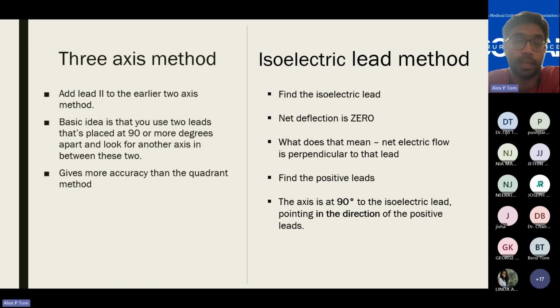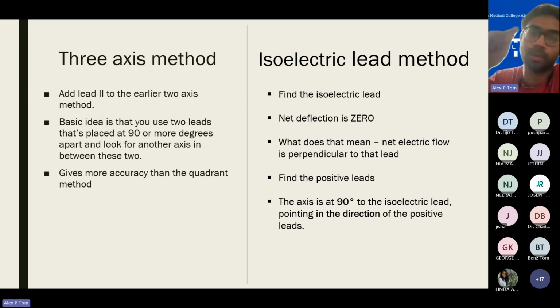and you will be able to interpret the axis correctly. Then there is something called the isoelectric lead method. Here the most important thing is to find out what the isoelectric lead is. In an isoelectric lead, the net deflection of the QRS complex will be 0. When I say the net deflection is 0, you would have seen ECGs where some part of the QRS complex goes up and some part goes down.